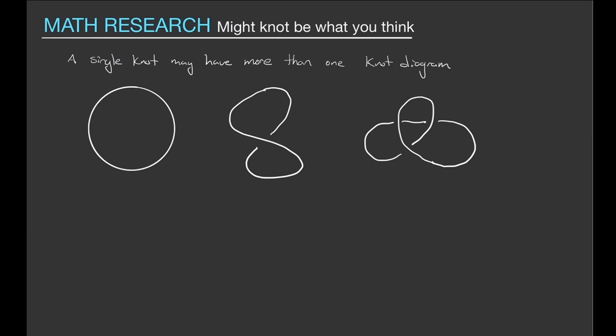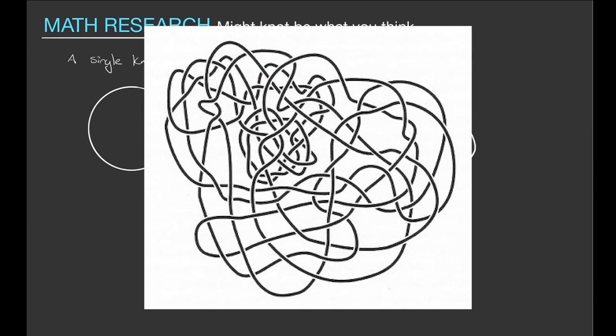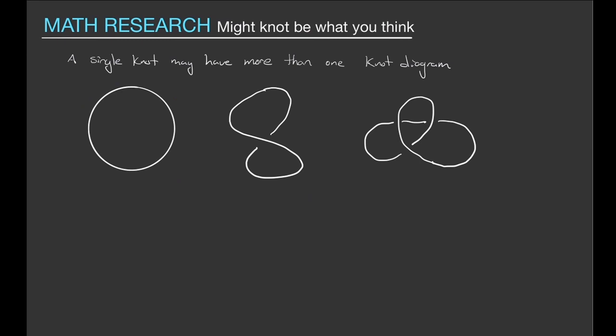And there could be much more complicated diagrams that still represent just the unknot, which is pretty neat. With these particular knots that we've shown, if we do an untwist here, we'll get back to the unknot. And with the right diagram, if we first pull up the strand behind and then do an untwist, we'll also get back to the unknot.